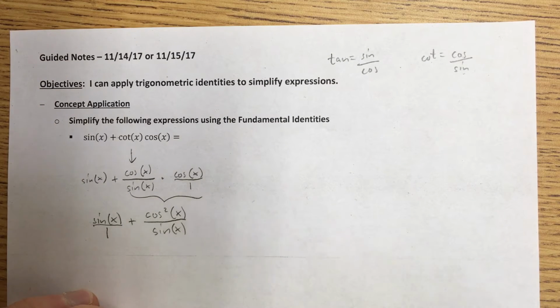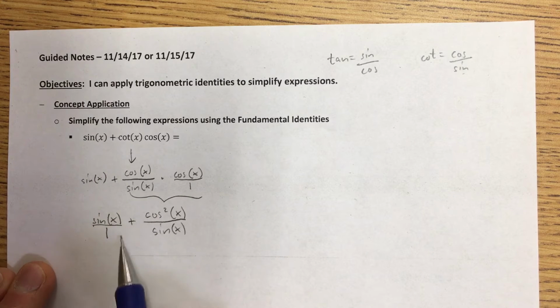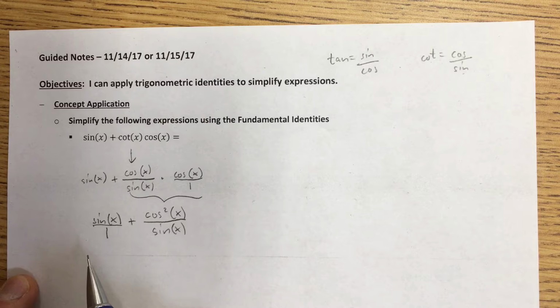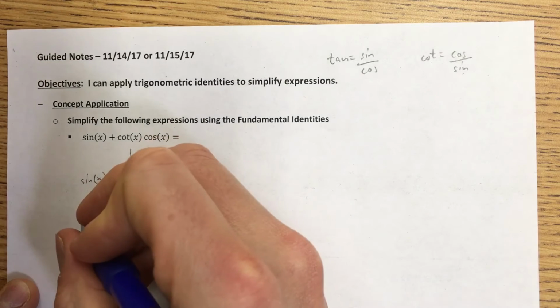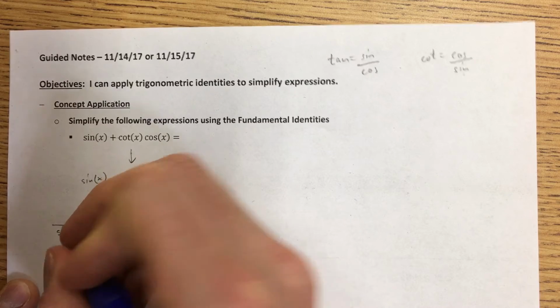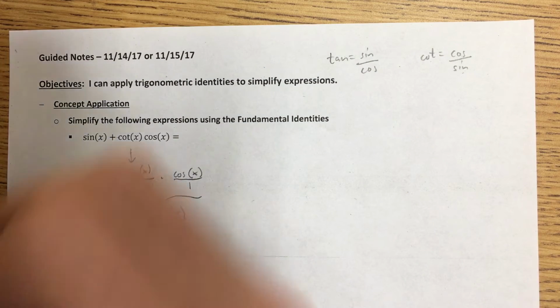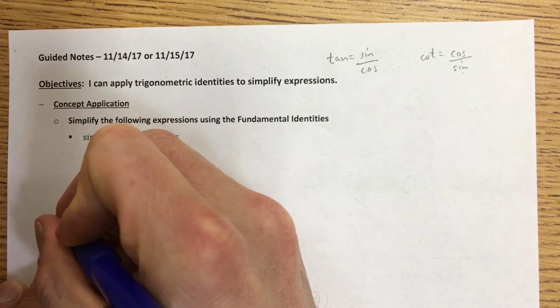So if we wanted to add these, we could by creating a common denominator. Now, the thing here is this denominator already has sine. It would be great if we could give this denominator sine as well, and we can. We can multiply this denominator by sine. Now, the only thing is, if we multiply the denominator by sine, we also have to multiply the numerator by sine.